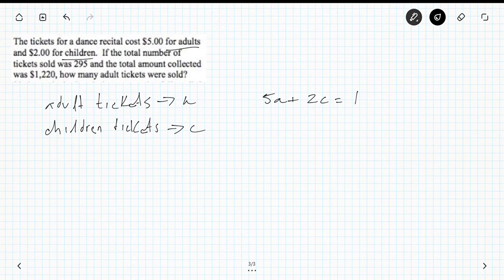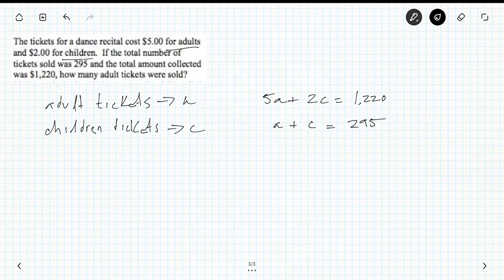It was $1,220. Okay. And the next thing we're gonna do is, how many people were in the dance? It was 295. So I'm going to add my adult tickets plus my children tickets, and I'm going to equal it to 295.